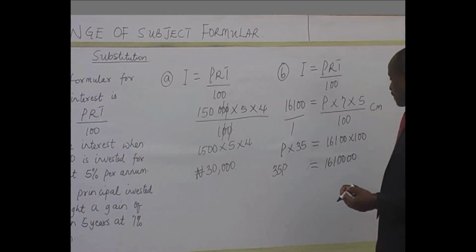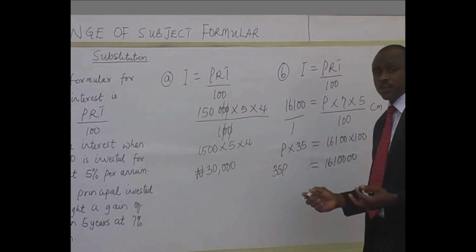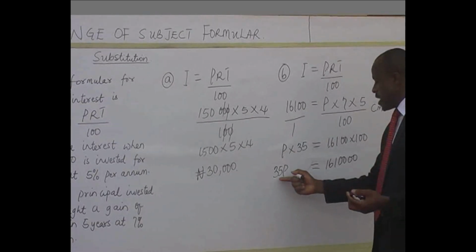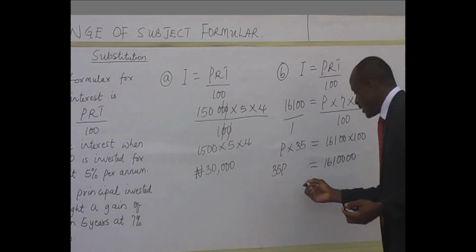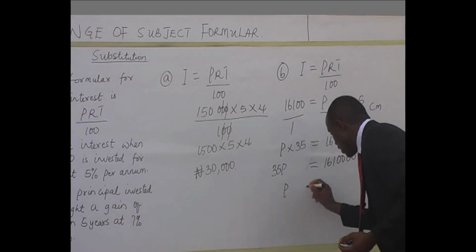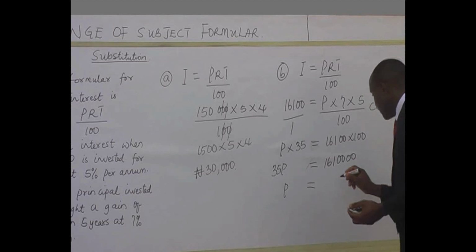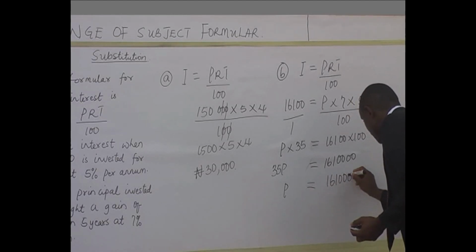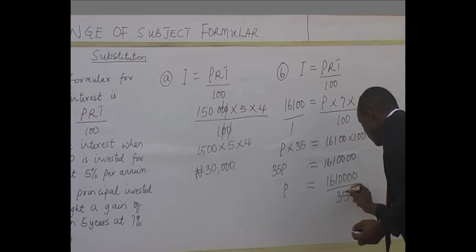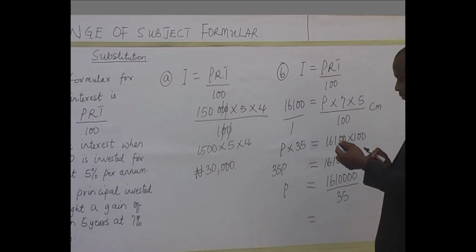That is the value. At this junction, what I'm going to do is divide both sides by 35. You'll be left with P only in the left-hand side of the equation. And it's going to give you 1610000 divided by 35. So use a calculator now.